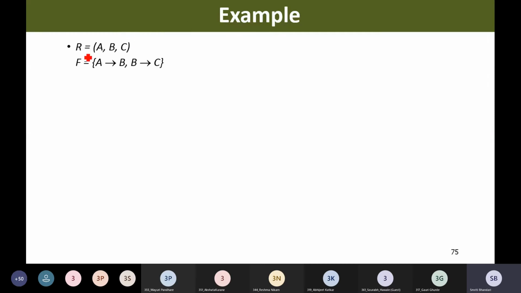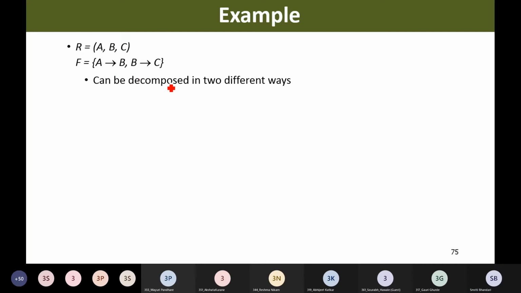Let us assume that we have this relation R with three attributes A, B and C. My set of functional dependencies F is provided. This F includes two dependencies, A determining B and B determining C.